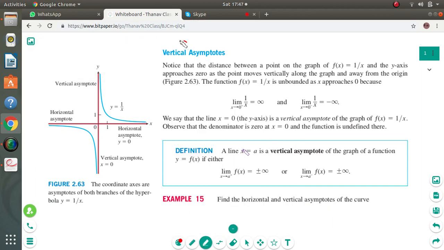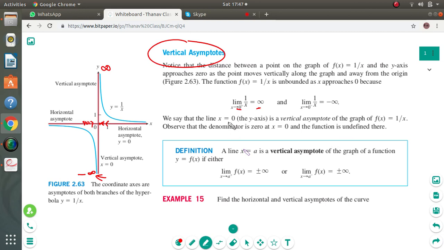For the vertical asymptotes, as x tends to 0 plus, the function leads to infinity, and as x tends to 0 minus, the function leads to minus infinity.